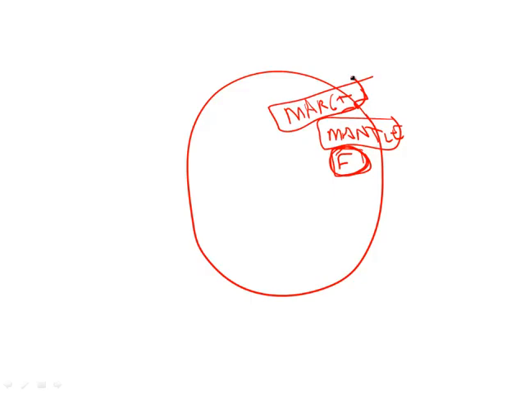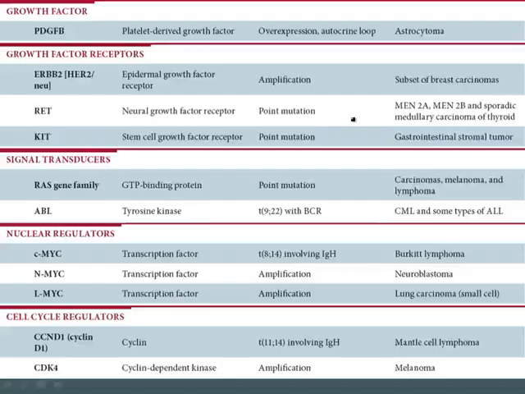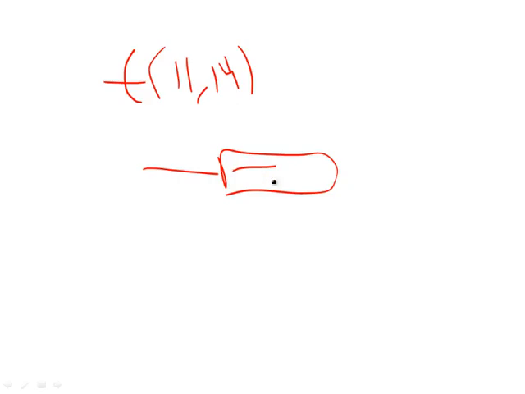Now, mantle cell lymphoma, which is what we're now talking about, and so let's create another whiteboard. Mantle cell lymphoma is driven by something called the translocation 11-14. Now, what happens there? Well, these are B cells. And B cells normally are overexpressing immunoglobulin heavy chain, which sits on chromosome 14.